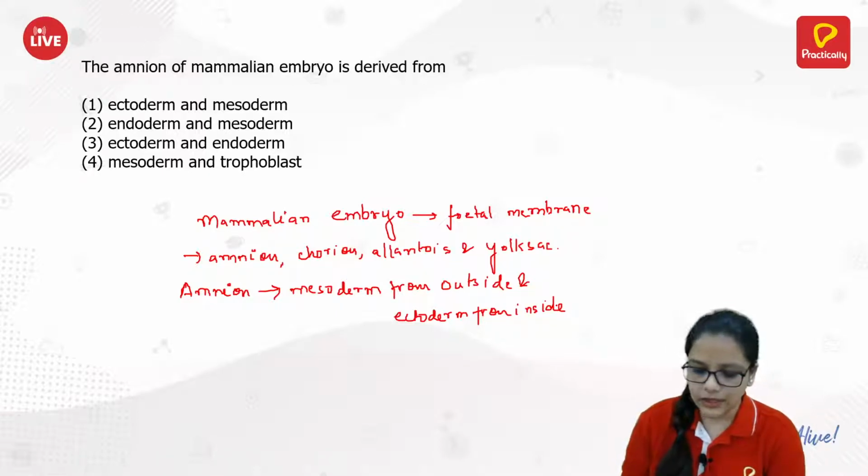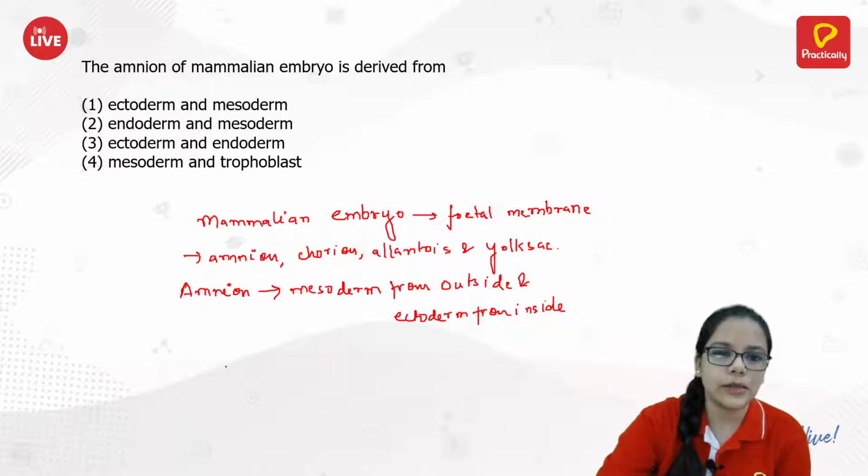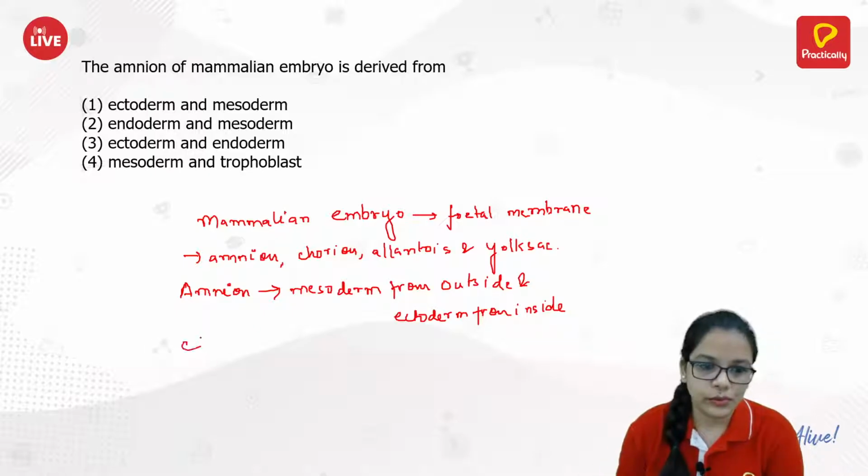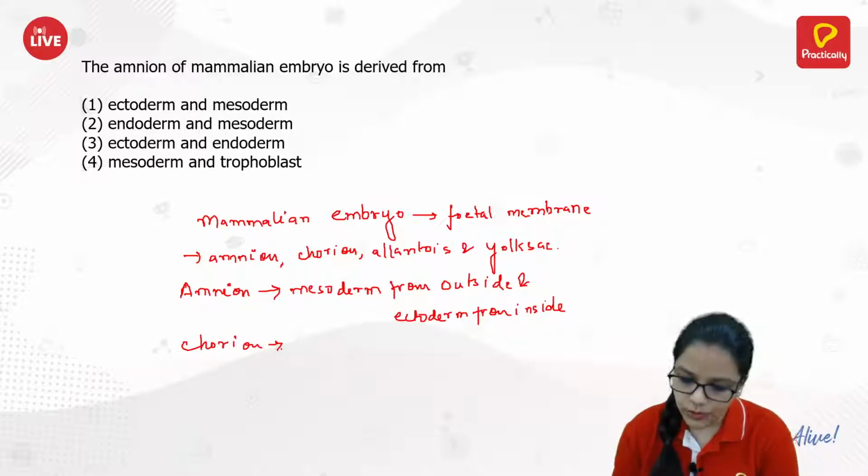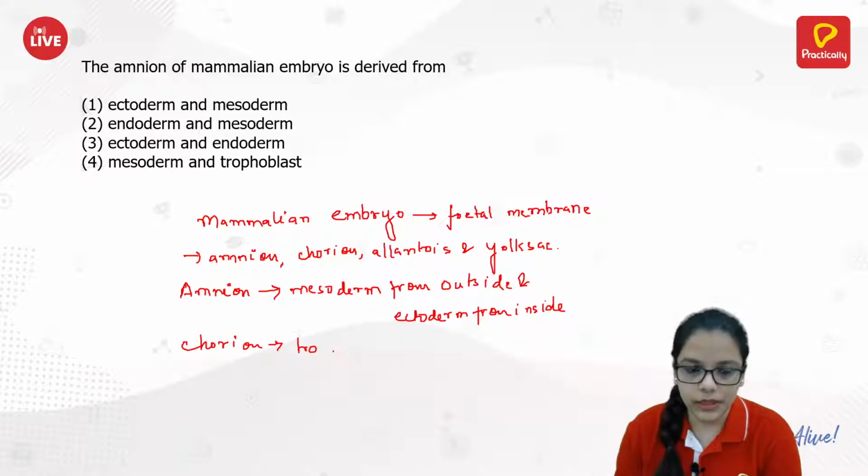Whereas the other parts, such as the chorion, are made up of trophoectoderm, which is also a part of ectoderm only, and mesoderm.